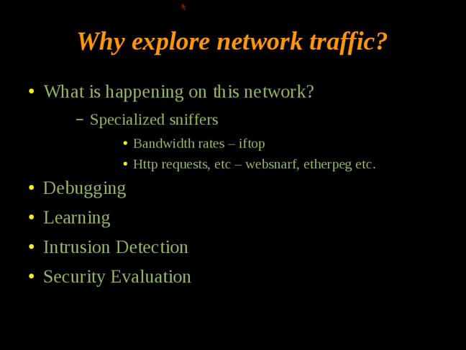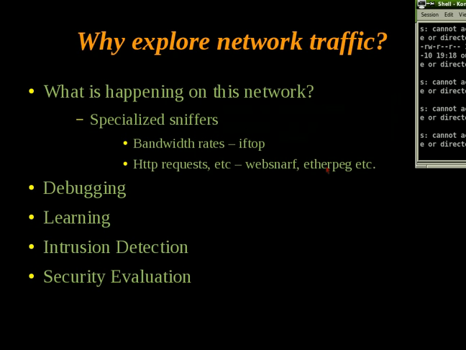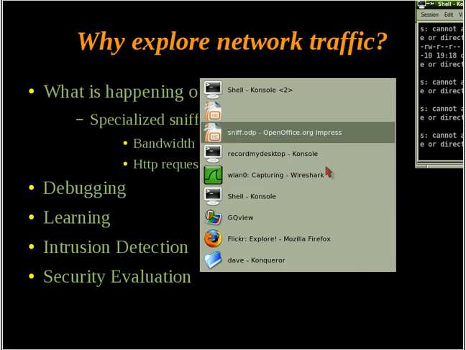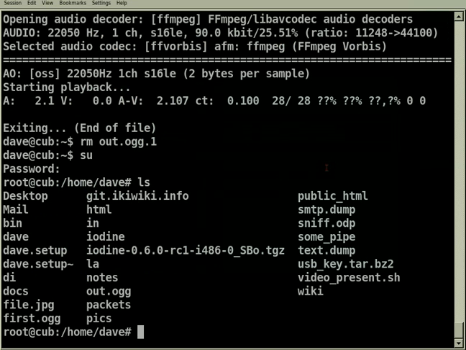Another specialized sniffer that you might want to use, that's pretty neat, is called DriftNet. I wrote EtherPeg on here, but I meant to write DriftNet. And here's what DriftNet does. I'm going to run DriftNet with the -i switch on wlan0 and add the -a switch.